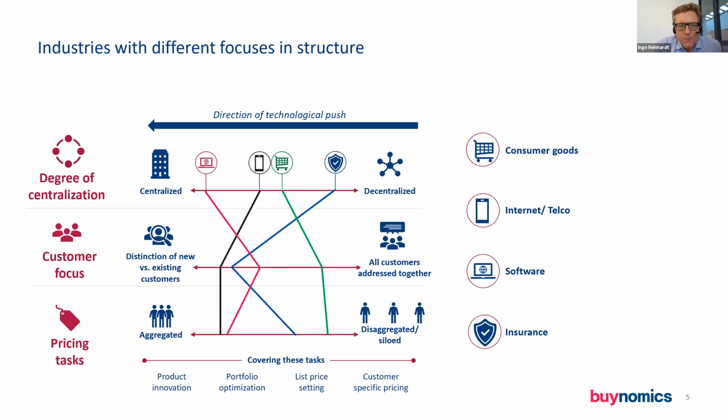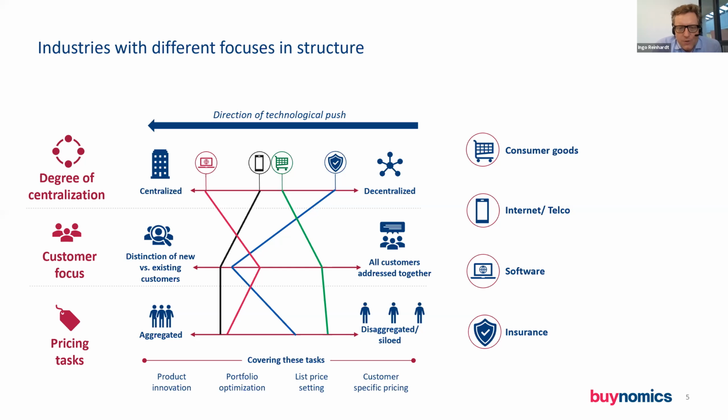On the other spectrum, you have something like, for example, consumer goods companies, and they tend to have these different tasks, product innovation, marketing, and sales, much more separated along the pricing task dimension at the bottom. And of course, for consumer goods companies, it's much more difficult also to separate between, for example, existing and new customers than it is for an insurance company, for example.